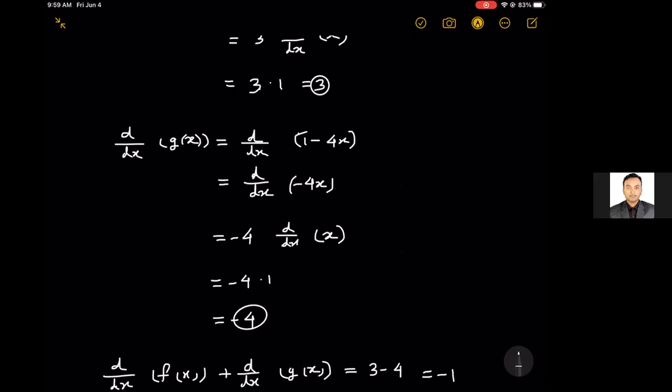Any question from this? I know it's not a good example, but it actually makes sense because you can see that if we add these two and then find the derivative, or if we find the derivative of these functions and then add those two, we actually get the same result.